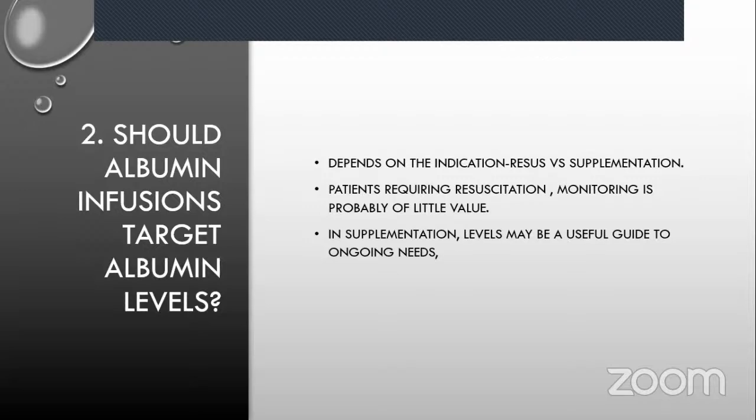So you will give, and then you will not use a hyper-oncotic solution of albumin. You want to use one that is more or less similar to the crystalloids or plasma. So a less concentrated solution, maybe 5 to 4%. Okay. However, here your end target will not be the value of albumin level. In supplementation, though, levels may be useful, for example, to guide your ongoing needs.